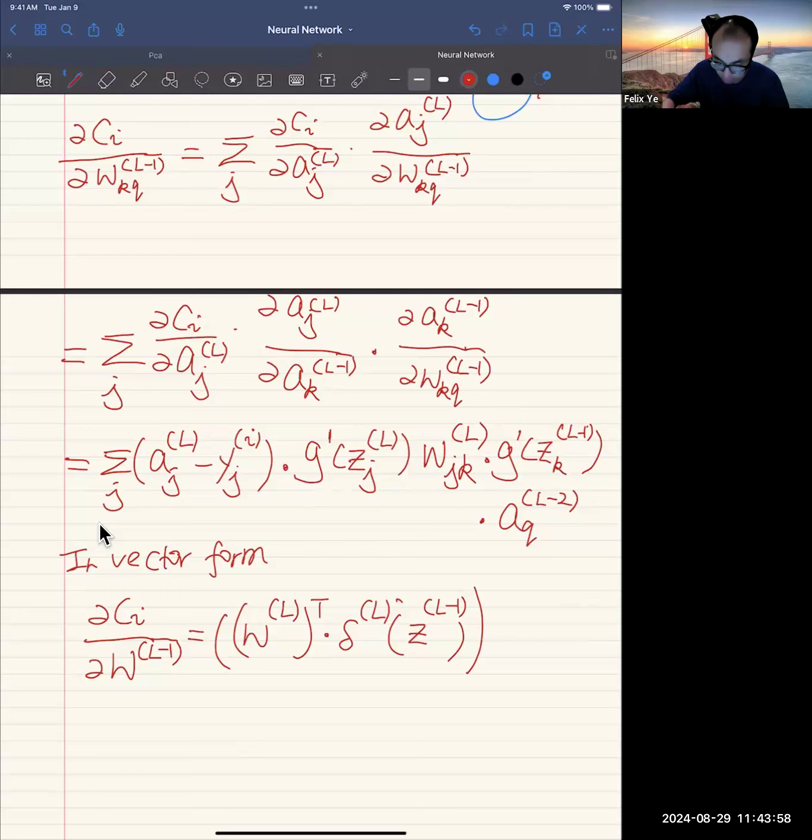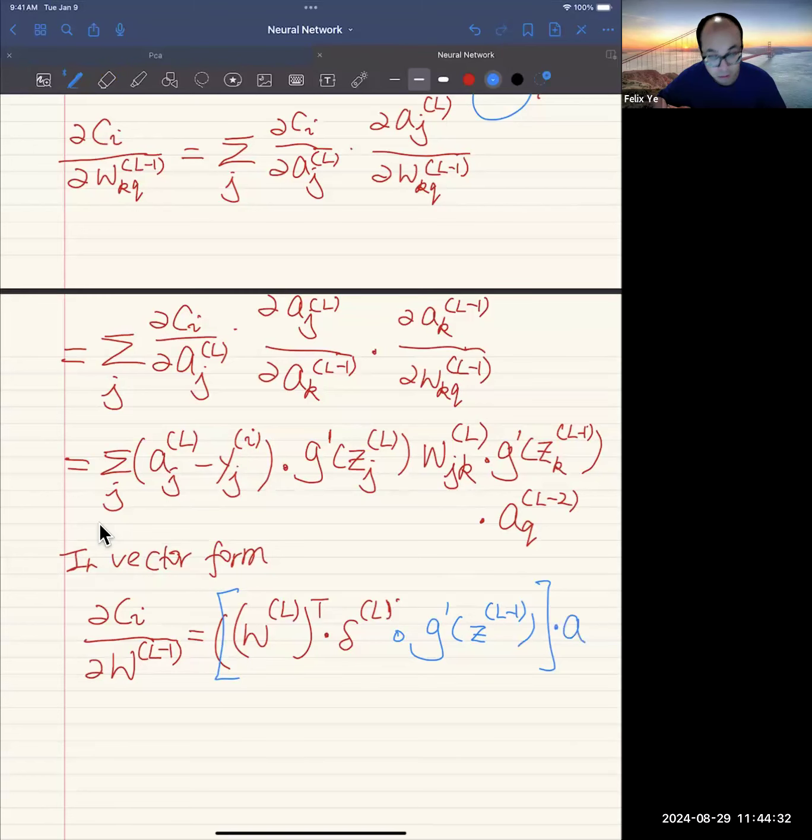Wait, Z^L, right? No, that's wrong. So this is a dot product here, and right here is the element-wise product of g prime of Z^(L-1), then times A^(L-2) transpose. Okay.